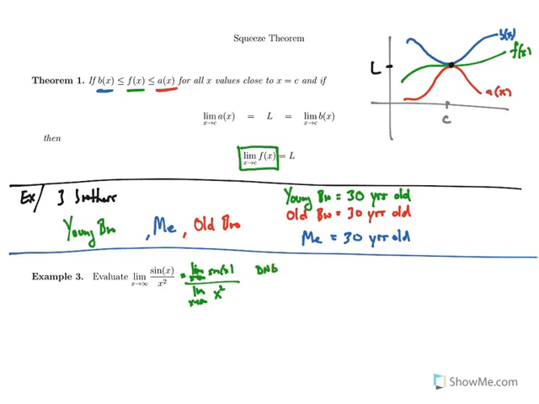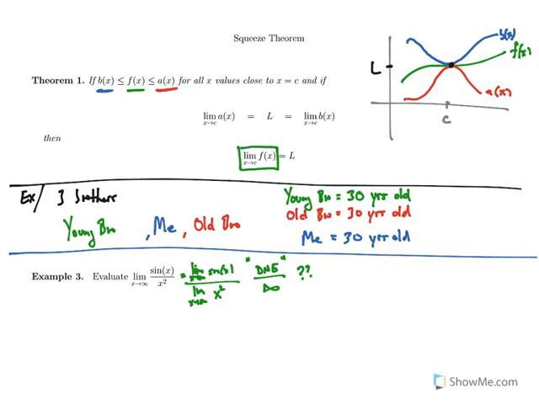We get does not exist over infinity, and we don't know what that is. That's something kind of crazy there. So there is something wrong going on here. We have to do more work, so we're going to use the squeeze theorem.